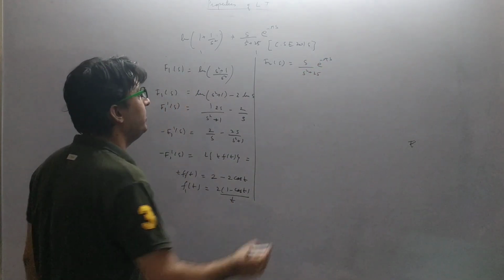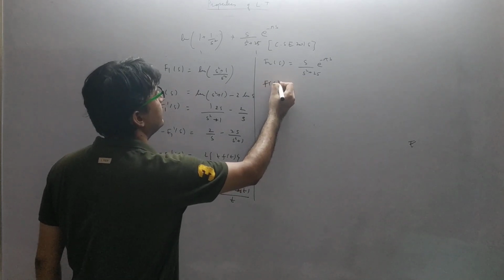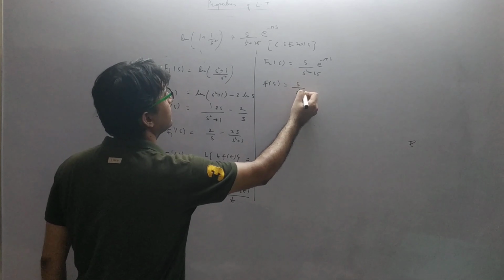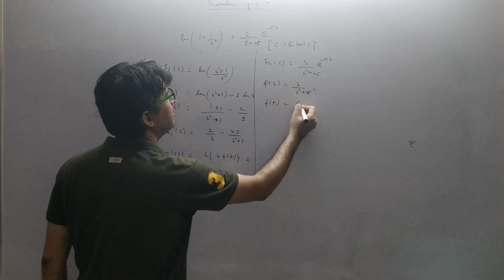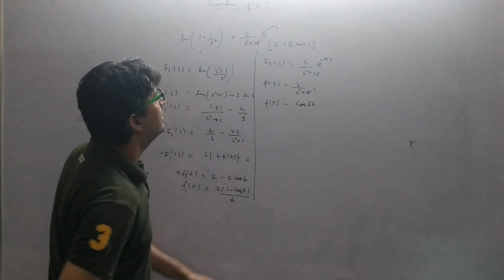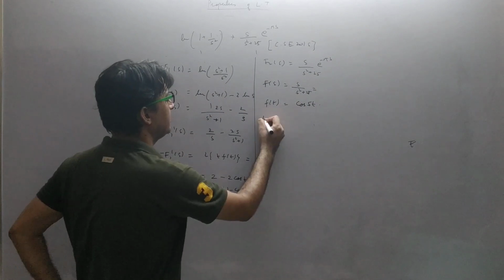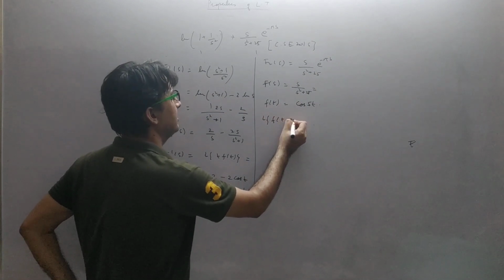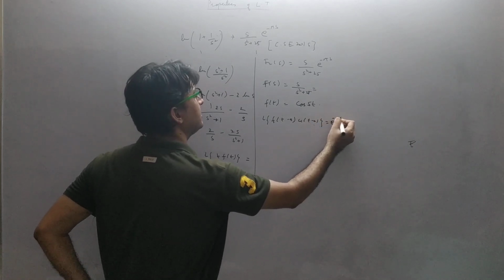Alright. So we know this F(s) is s by s square plus 25. So if we invoke its inverse Laplace transform, this is cos 5t. Now we have this e to the power minus as. So what it was? The function was like this: f(t minus a) u(t minus a) is e to the power minus as F(s).